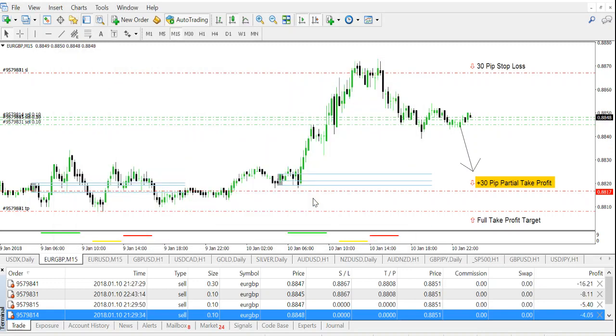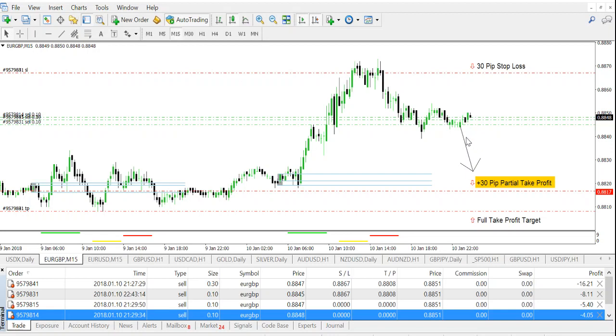Okay, so that closes that order now. You can navigate down here and you can see I now only have 3 minis of the original 5 mini lot order open. So I took some profits off the table, assuming that this was trading in profit. We can see here now that it's gone against us a couple of pips, but for example purposes, we'll say it was 30 pips in profit.